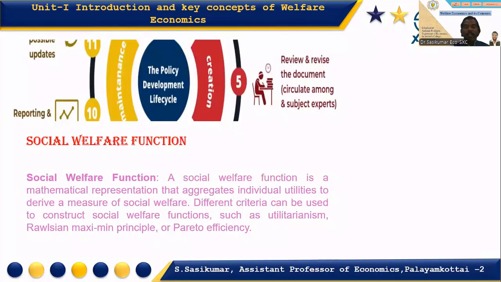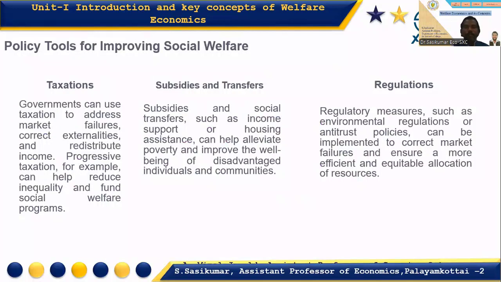As we discussed, the social welfare function is the mathematical representation that aggregates individual utilities to derive a measure of social welfare. Different criteria can be used to construct it, such as utilitarianism, the Rawlsian maximin principle, and Pareto optimality or Pareto efficiency. These are three important principles to measure social welfare functions in the society.